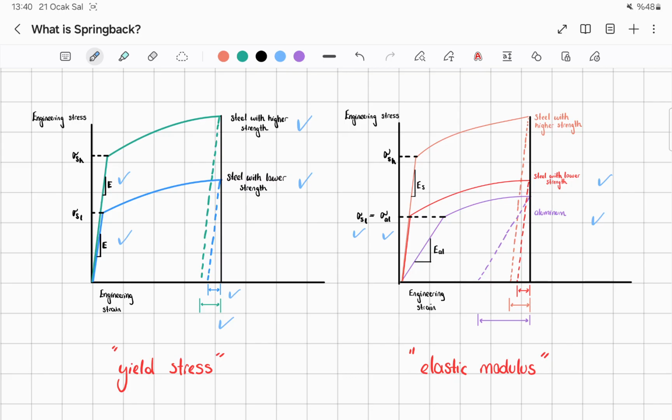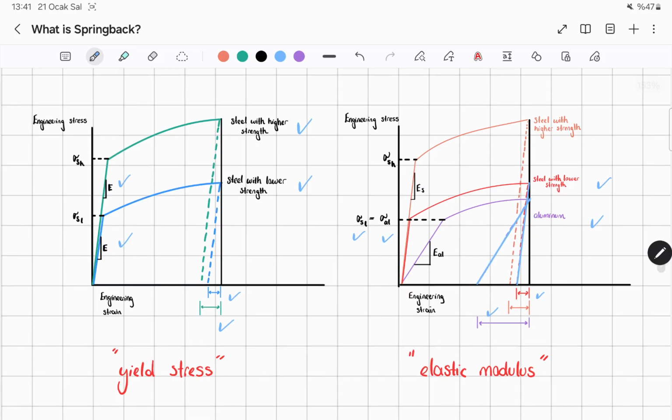Steel with a lower strength has a higher elastic modulus compared to aluminum. So we see that the steel with lower strength will have less elastic recovery compared to aluminum.